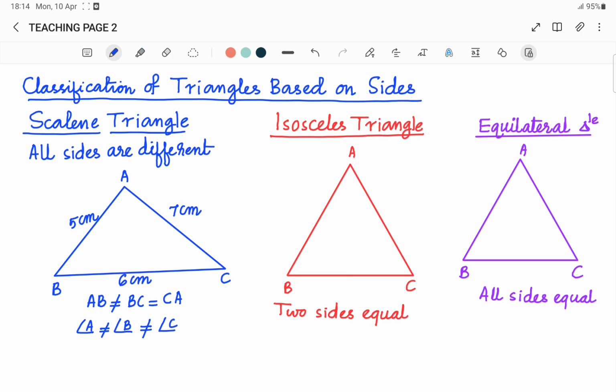The next category is isosceles triangle. In an isosceles triangle, two sides are equal. Here I will assume AB is equal to AC. If AB is equal to AC, this one is called the vertical angle.